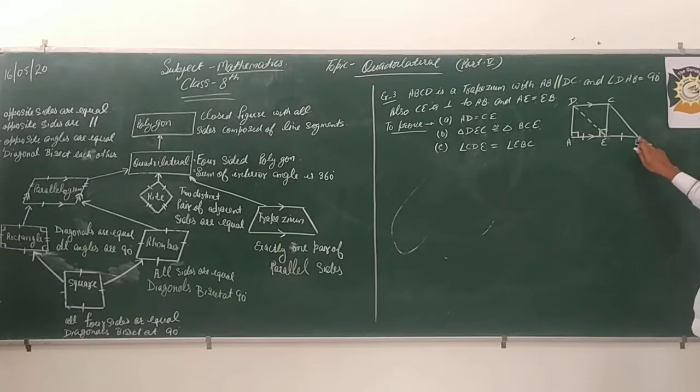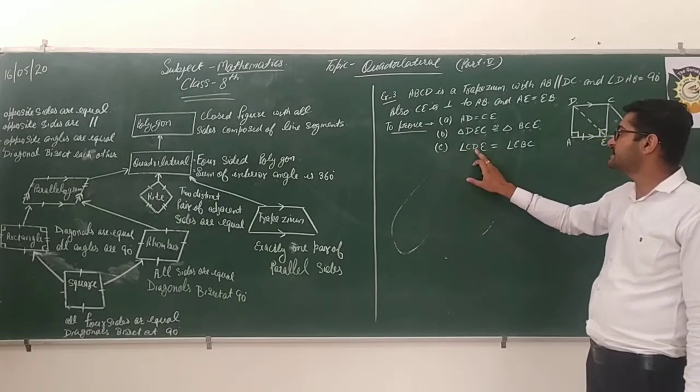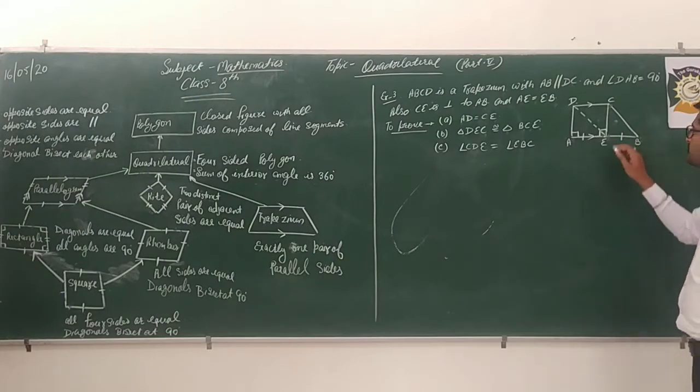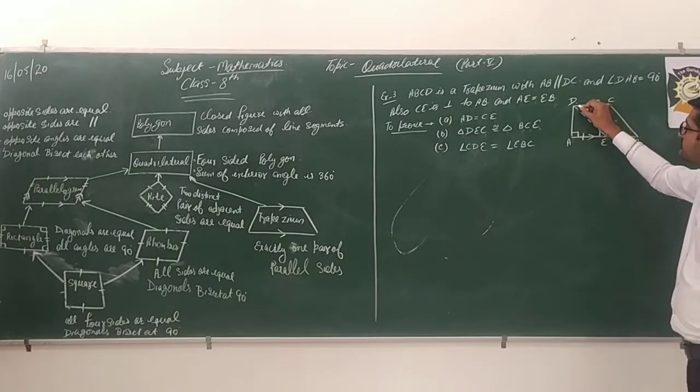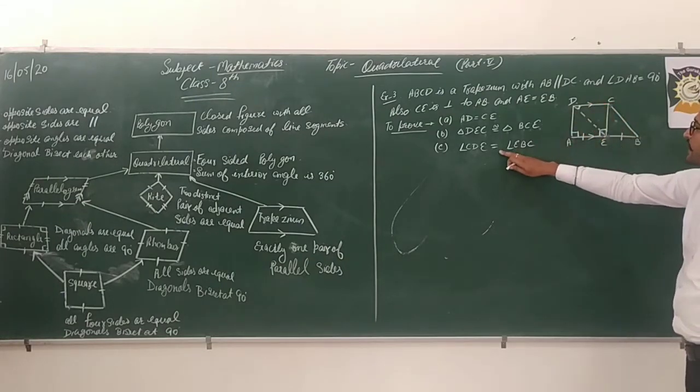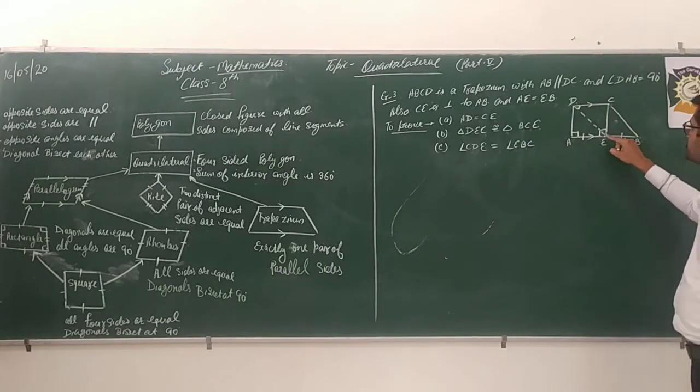This is BCE. It means we have to prove that these two triangles are congruent. After that, angle CDE, this one, is equal to angle EBC.